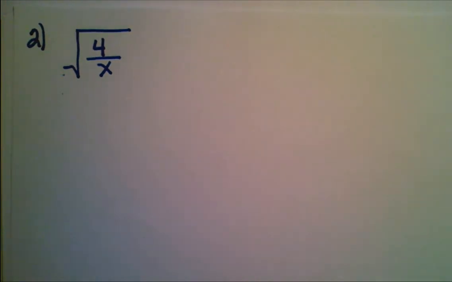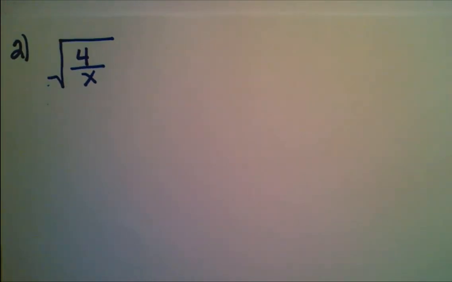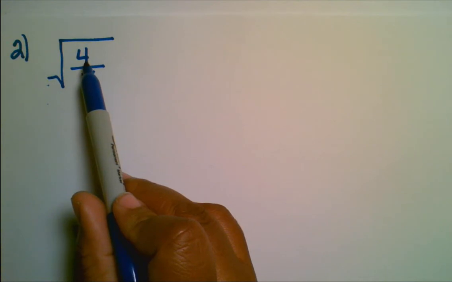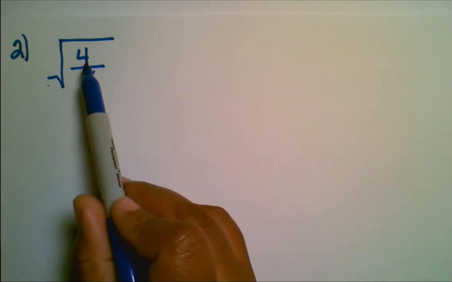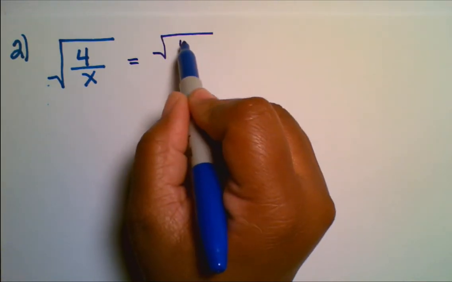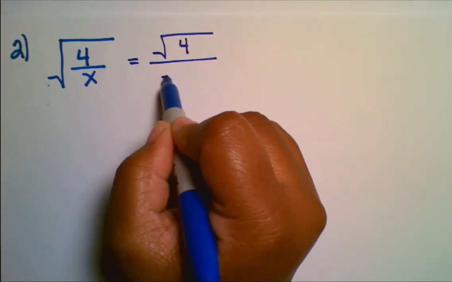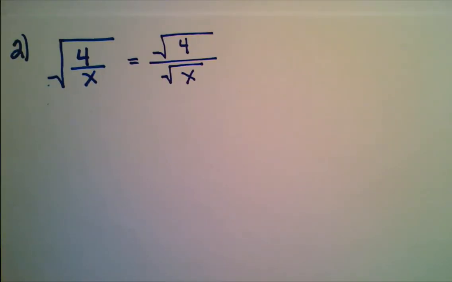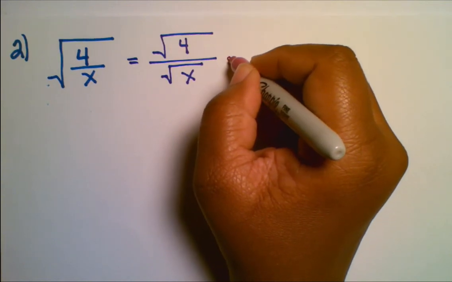We have here the square root of 4 over the square root of x. So we're going to rationalize our denominator because x cannot divide into 4 evenly. So let's write this as two separate fractions. And now we're going to rationalize, where we're going to create a fraction. Let's create our fraction.